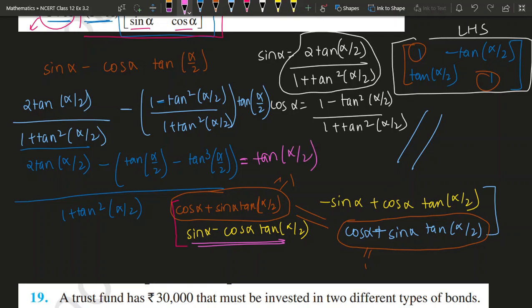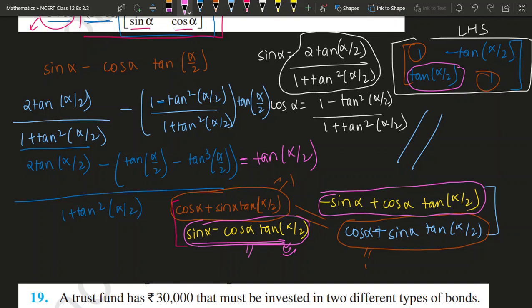So you have equated this expression right here to this expression, and if you again notice that the entry in the first row, second column is just the negative of the entry you have already computed.